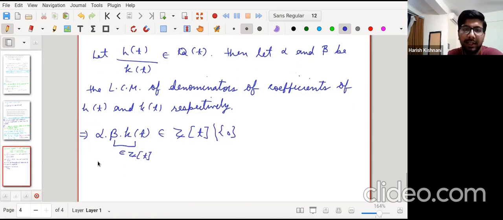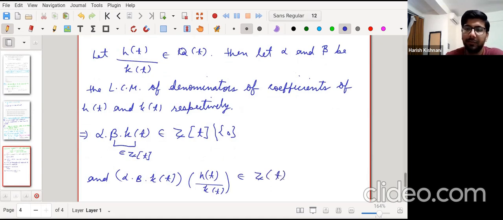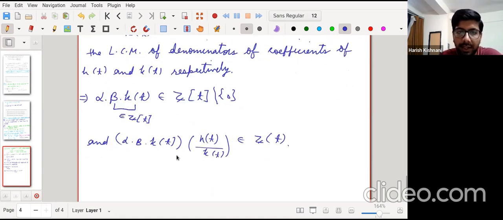Now if I multiply alpha, beta, k(t) with the given function, h(t) over k(t), then this will be inside Z[t]. This k(t) will cancel out this k(t); both are non-zero, so we can do this, right?